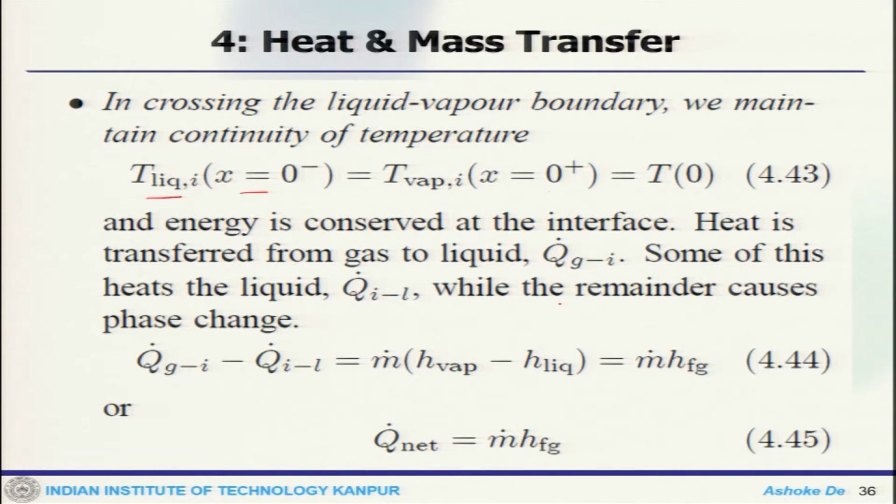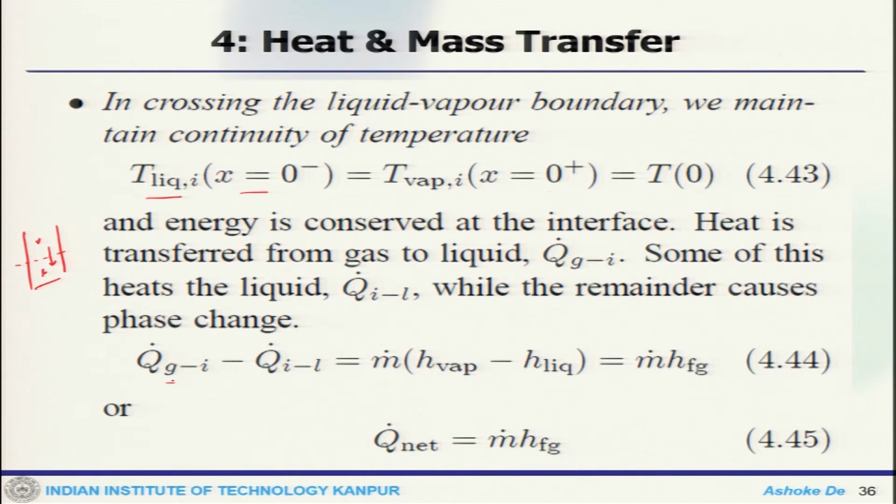So, this is the situation: this is the interface, this is vapor, this is liquid. The heat transfer from the gas to the liquid is Q G I; some of this heat goes to the liquid and the rest will be used to get the phase change.